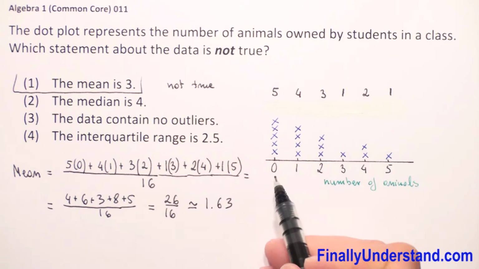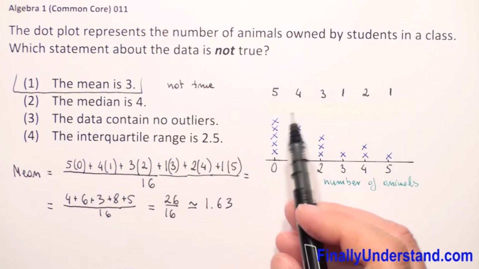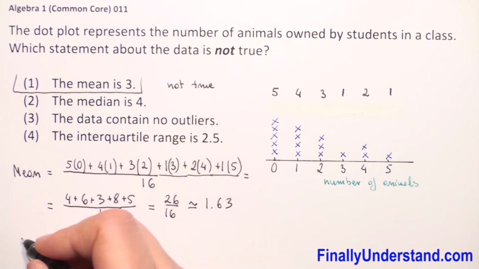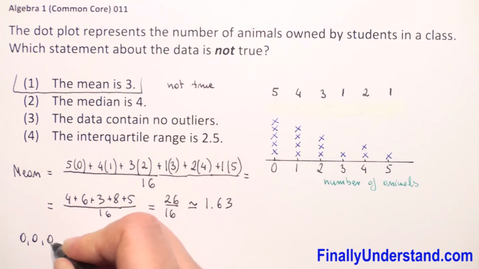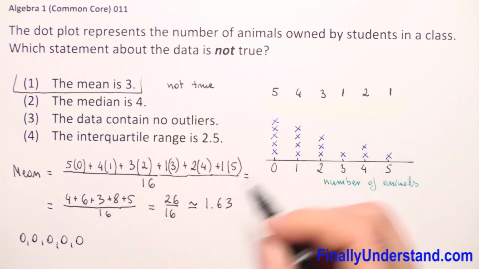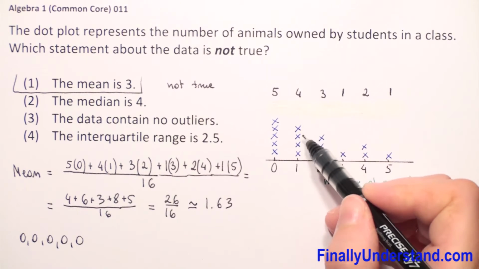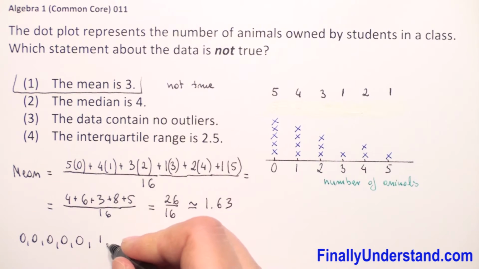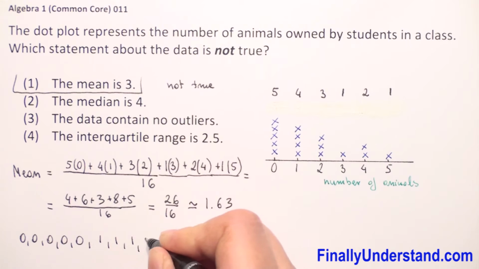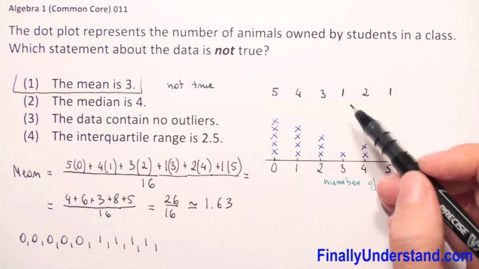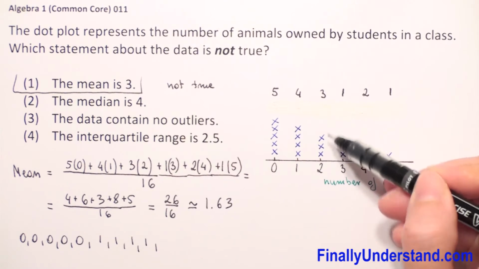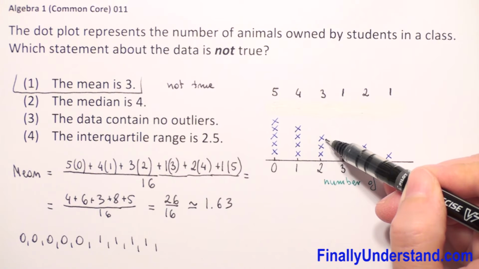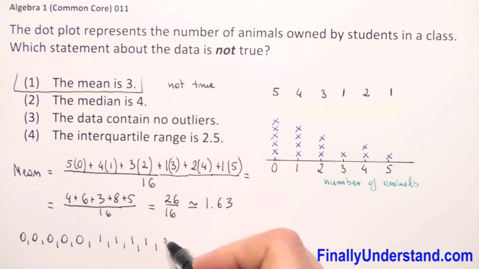So we have 5 students with 0. We have to write 5 zeros: 1, 2, 3, 4, 5. Next 4 students, 1 animal, so it will be 4 ones. Next, 3 students have 2 animals, so we have 3 times 2.